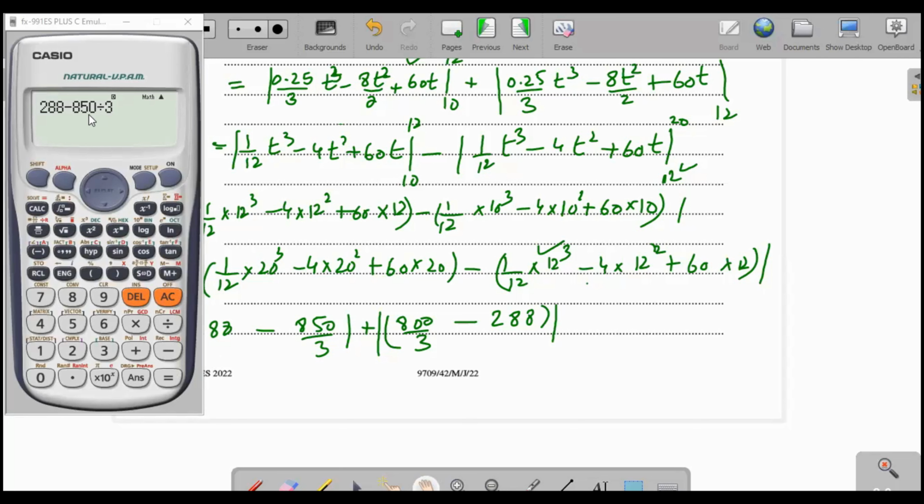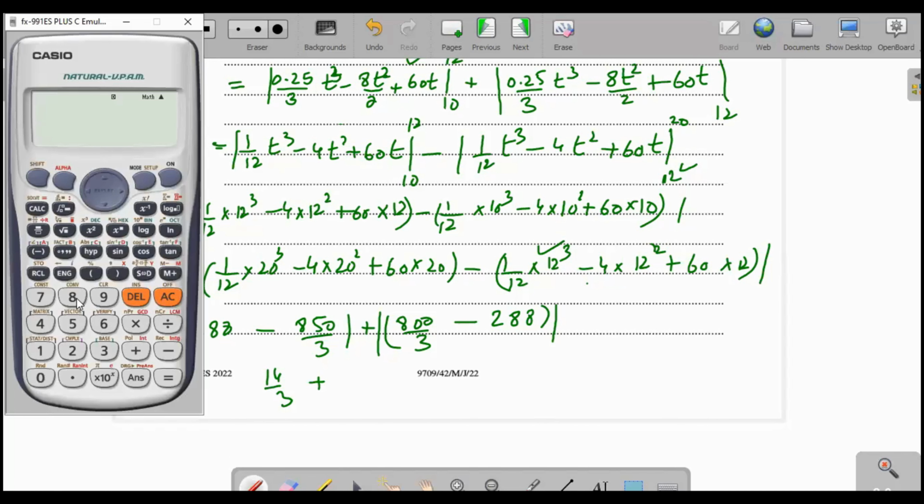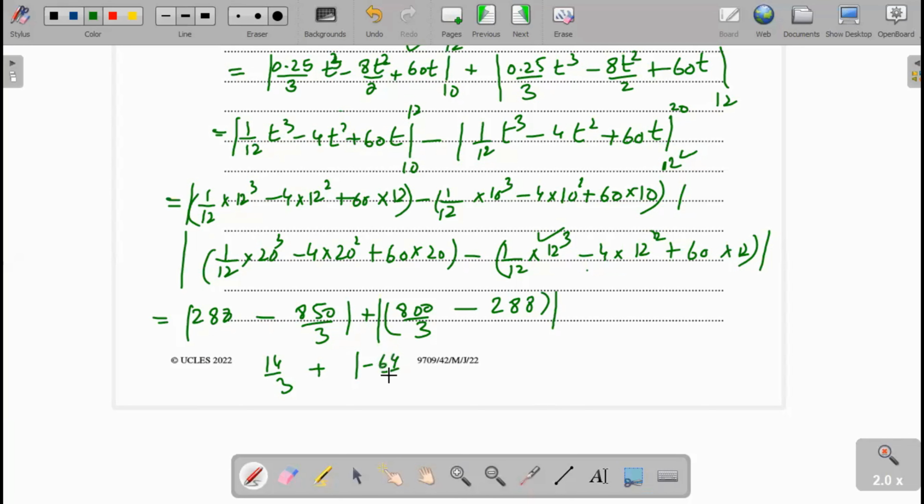Now 288 minus 850/3 gives 14/3. Next, 800/3 minus 288 gives -64/3. Taking the absolute value, the answer is positive. 14/3 plus 64/3 gives 78/3, which is 26.